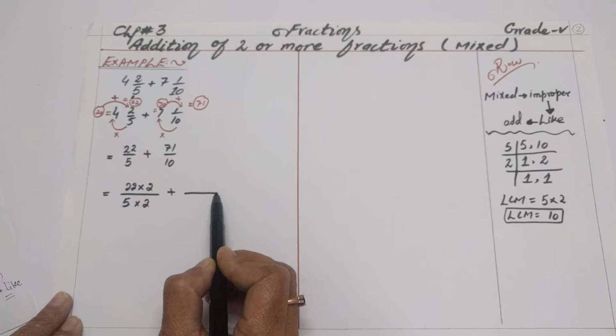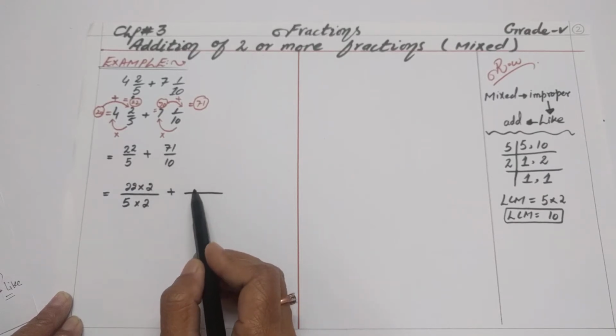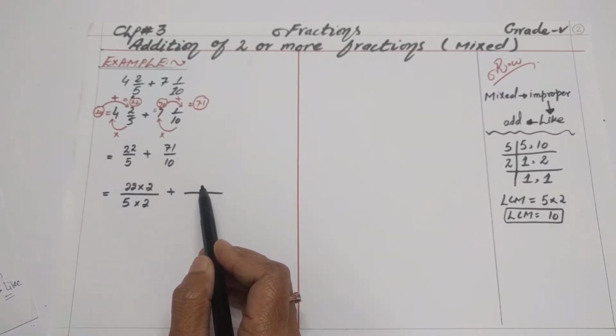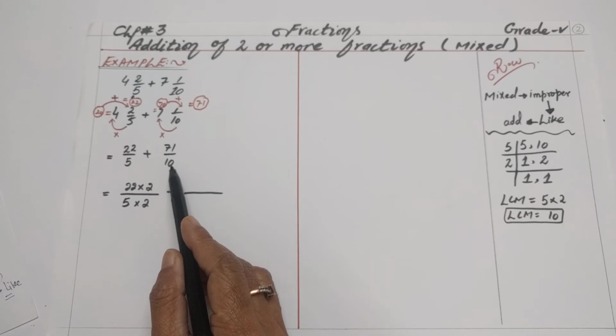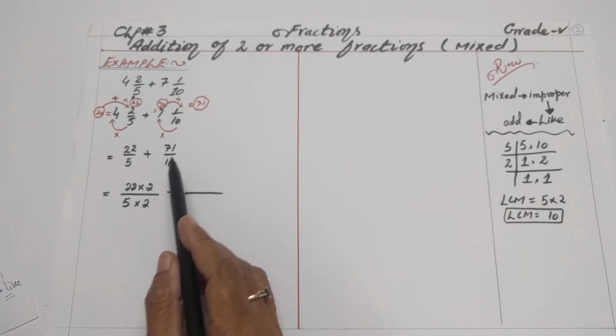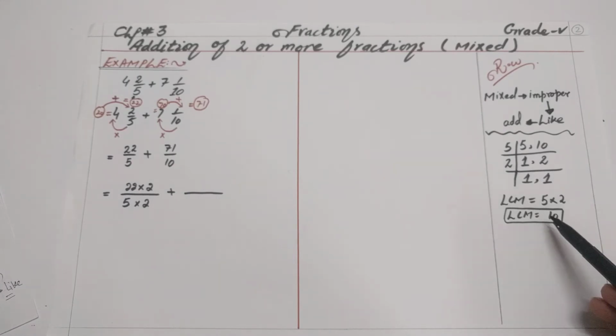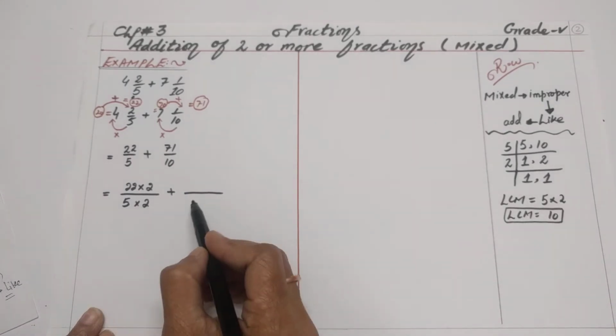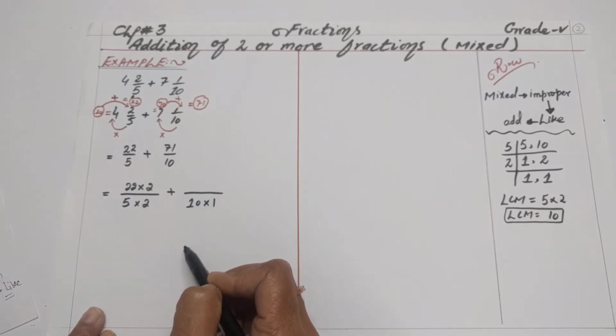Same procedure with the second one. In the second one I have the denominator 10, and as our LCM is also 10, it means I will get 10 ones are 10.